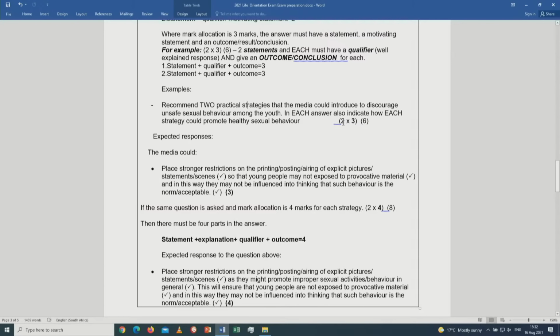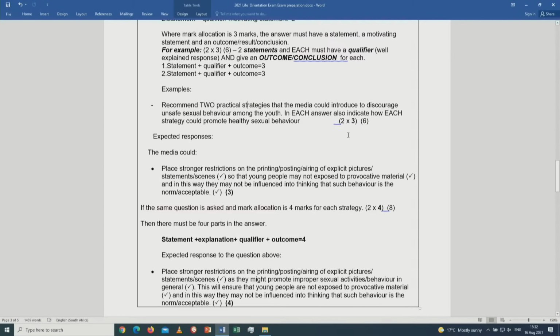What are the 3 parts? A statement or a fact, a qualifier, and an outcome or conclusion. So that will count 1, 2, 3 marks. But you must have 2 such responses.